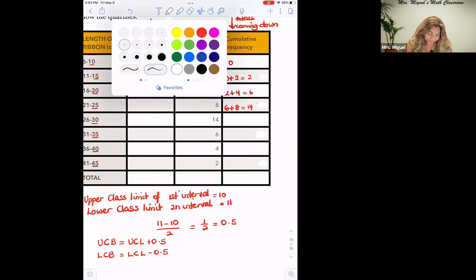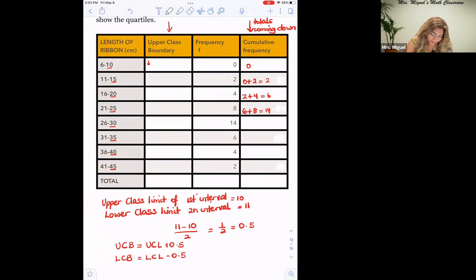So we have 10.5, 15.5, 20.5, 25.5, 30.5, 35.5, 40.5, and 45.5. Did you all get that?